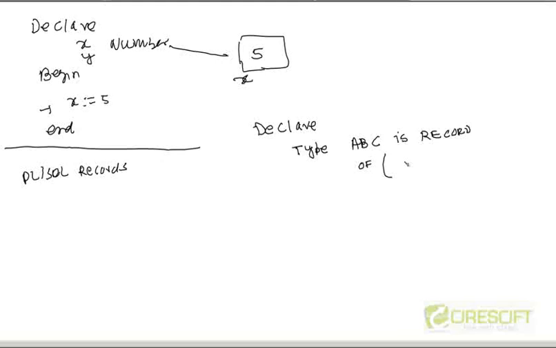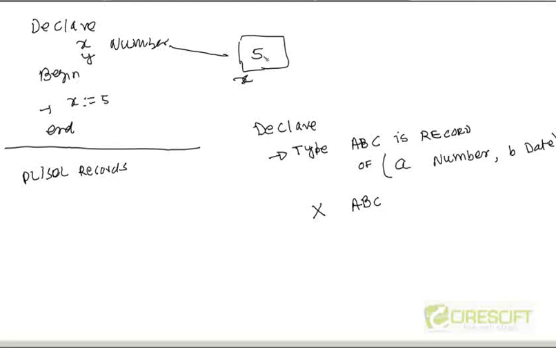Let's say the first name is A, and A is a number, and the second element is B, which is a date. In this statement, what I said is that ABC is an abstract data type which is a combination of a number and a date. Then I define x as a variable of that abstract data type ABC.